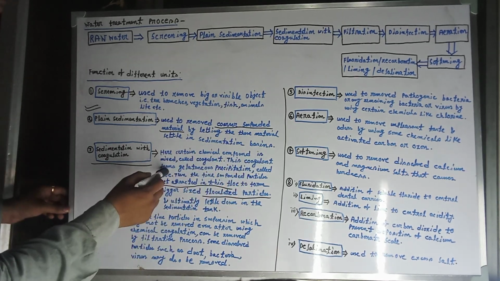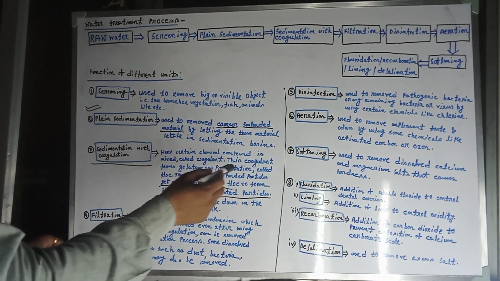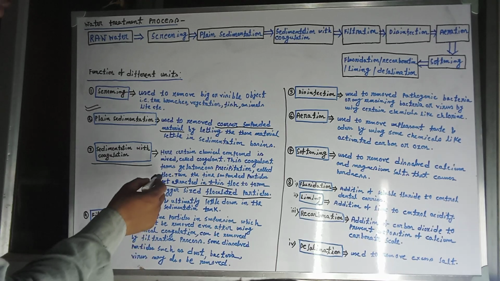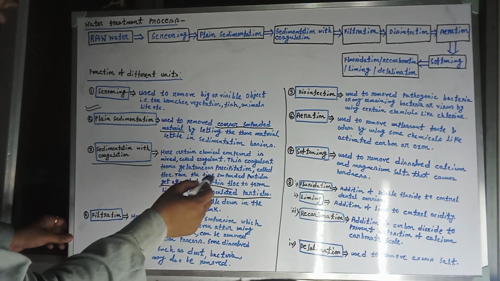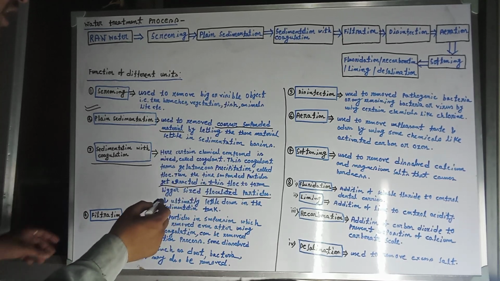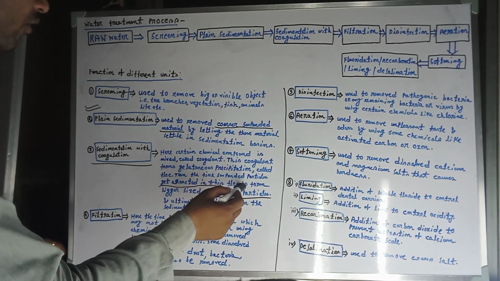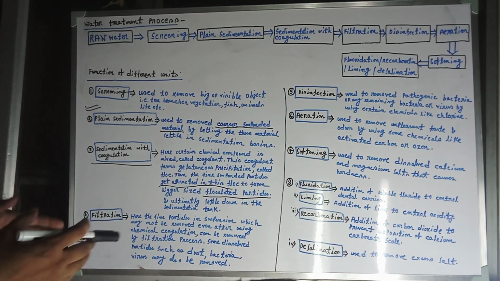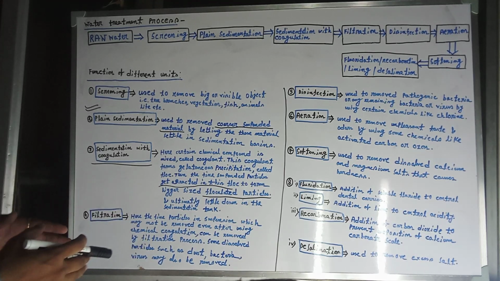This coagulant forms gelatinous particles, which are known as floc, that will attract the fine suspended particles and form floc of a bigger size, and after that these bigger flocculated particles will settle down in the sedimentation with coagulation tank.